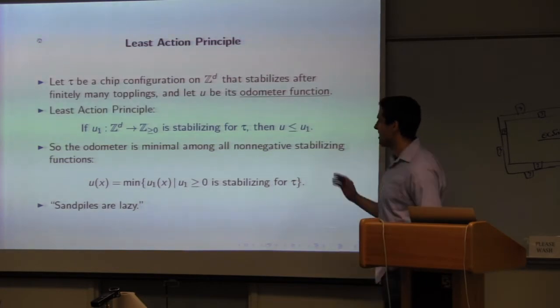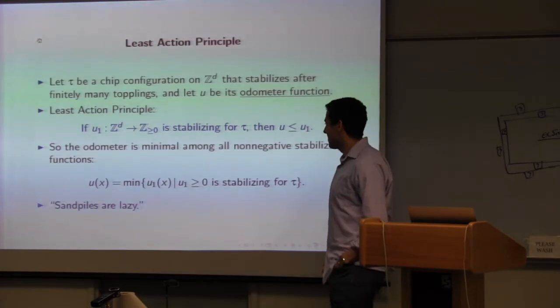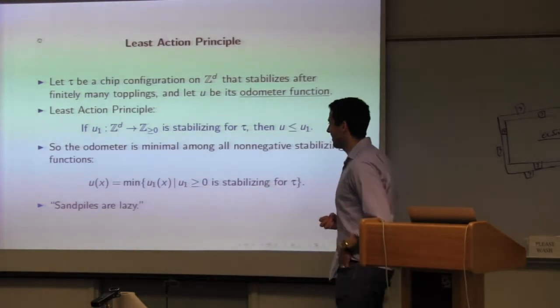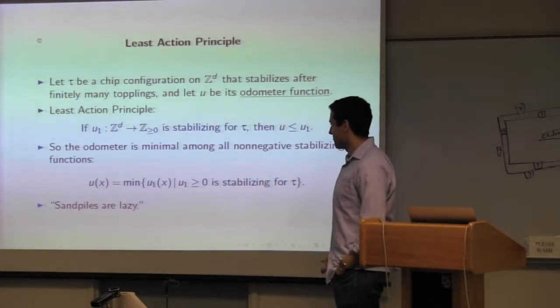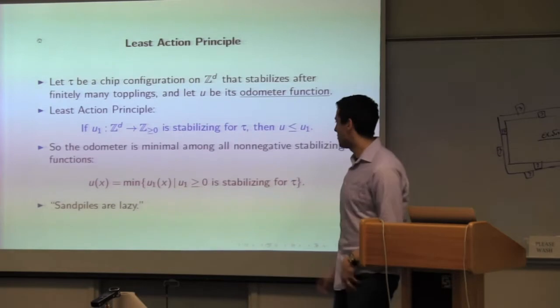We call this the least action principle for sandpiles, and it's extremely useful. It frees you from having to worry about whether topplings are legal. And it's a good way to get upper bounds on this odometer function and therefore upper bounds on the set of sites that topple.